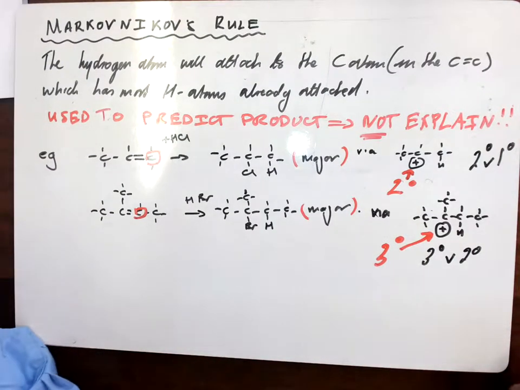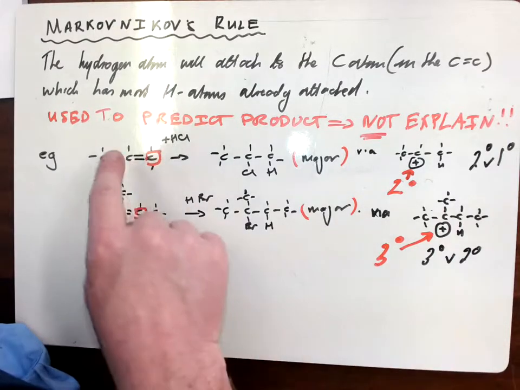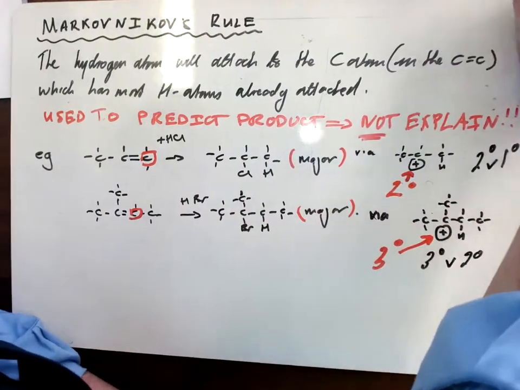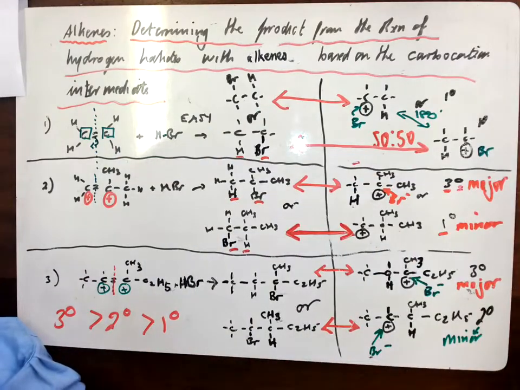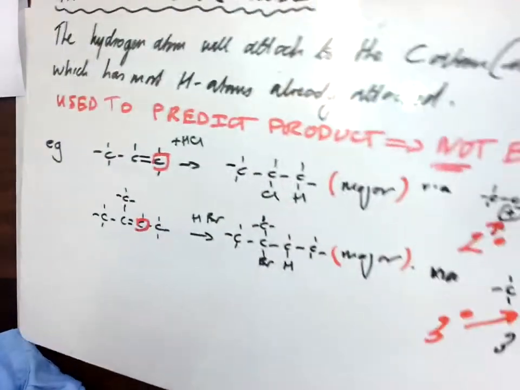Now Markovnikov's rule is only to be used when you are just working out what the major and minor product are. You are not allowed to use it to explain why that is the major or minor product. When you're explaining to an examiner why something is made in a greater proportion than the other, then you've got to explain it via the presence of these carbocations, primary, secondary or tertiary.